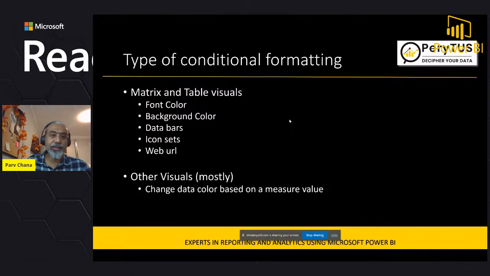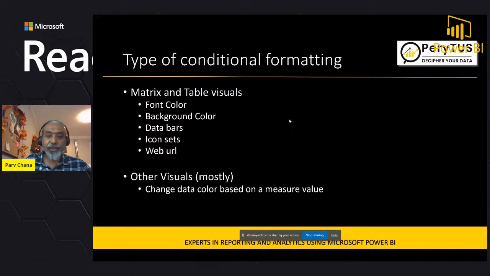For example, if sales are better than the previous year or previous month, or whatever the use case is, then show the up arrow or down arrow and whatnot. And we can also create a web URL in the conditional formatting, which can take us to external links as well.